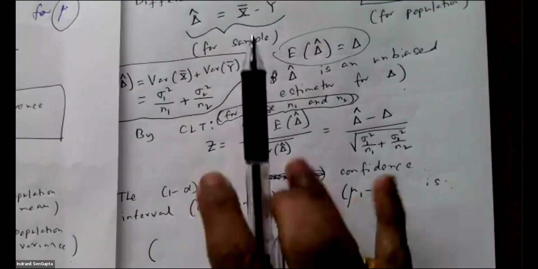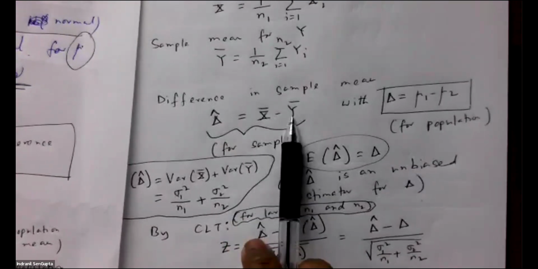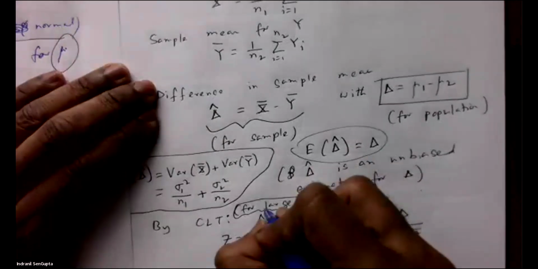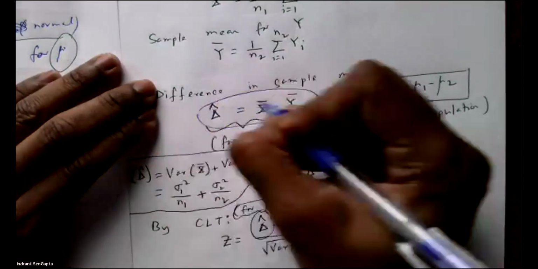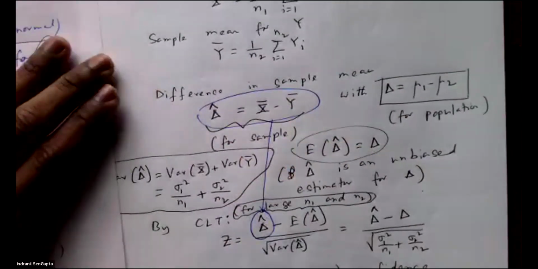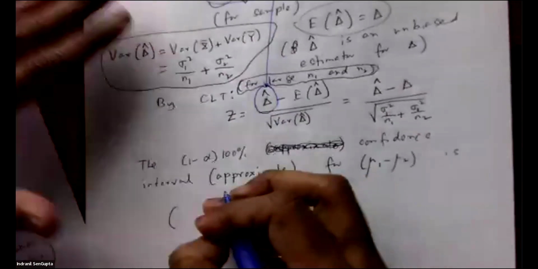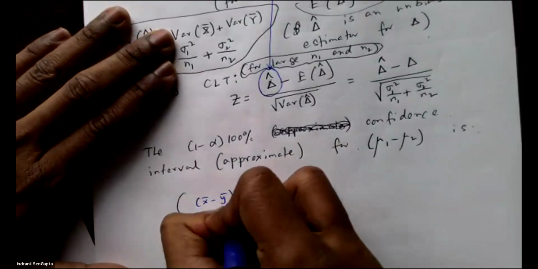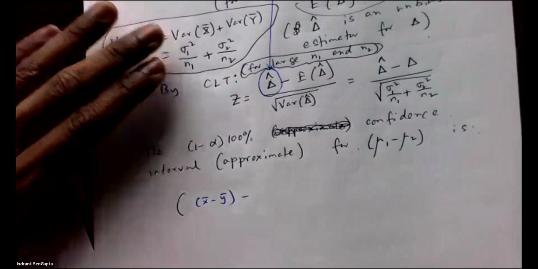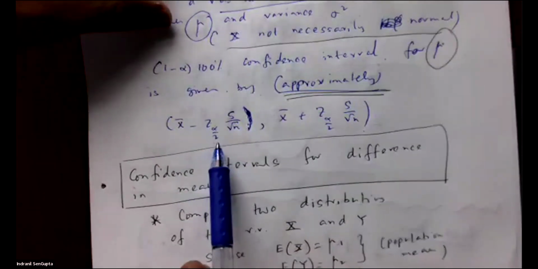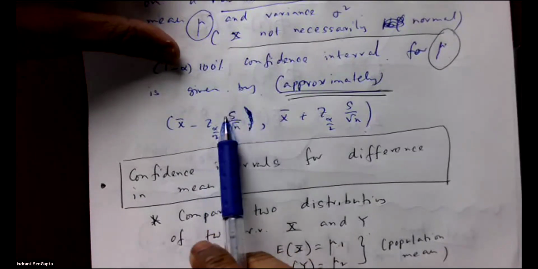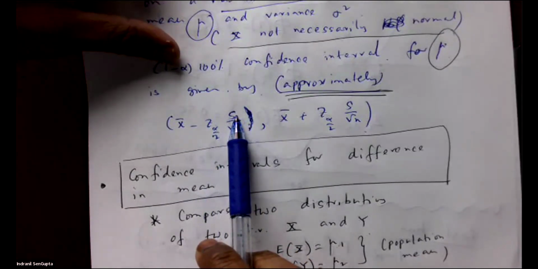So delta hat is the difference between two samples, right? So I can simply write this as x hat minus y hat minus, now note this one here, z of alpha over 2 and then s over square root of n, right?